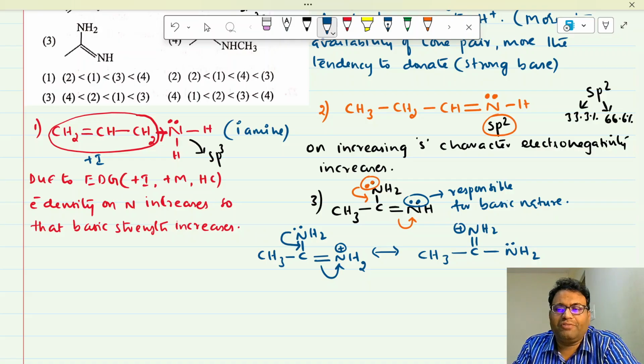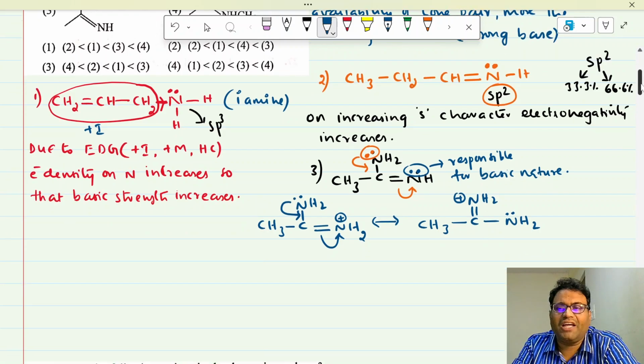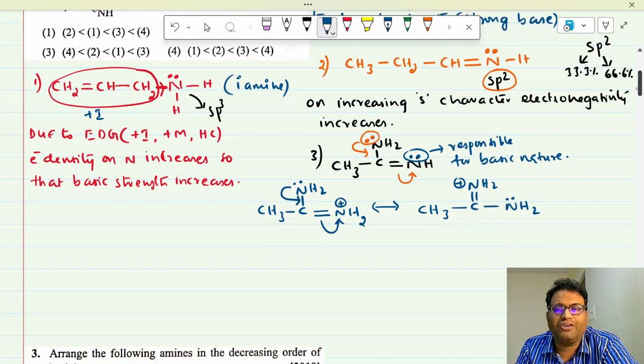If such a phenomenon happens, that means after donating the lone pair of electrons, the formed positive charge is resonance stabilized, then automatically this will have more basic strength.